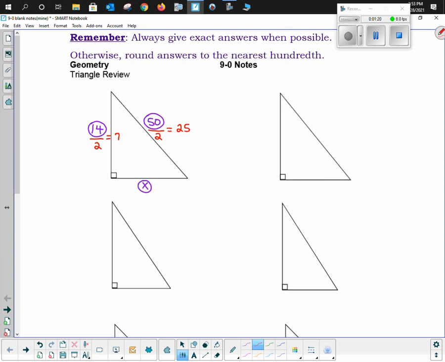I should recognize that as a triple. Okay, 7, 24, 25 is the triple. That means I should automatically know this side is 24. Remember to undo what we did at the start. You would have to multiply by 2, and the true x that we want, the purple one, would actually be a length of 48.